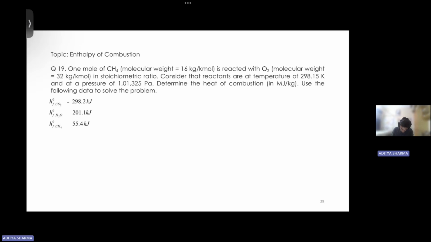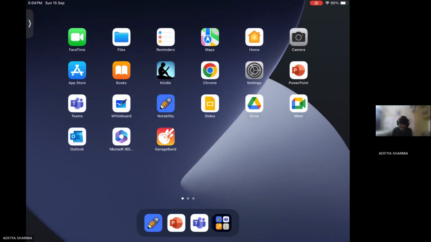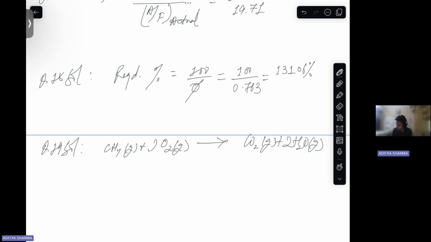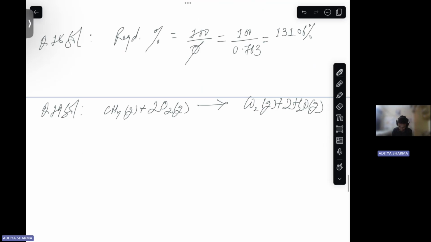Somehow these negative signs have not come up, but these will be negative. We know that this is, okay, CO2 gas plus H2O in vapor state. So this way, if we have to balance this, it will be like this, right?